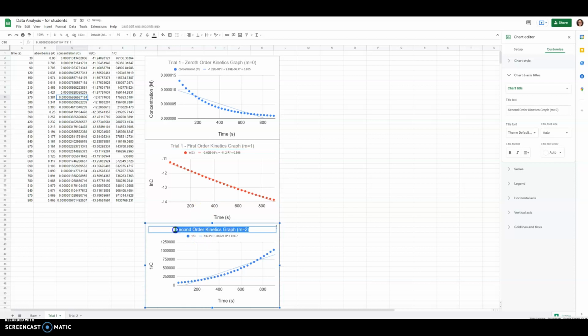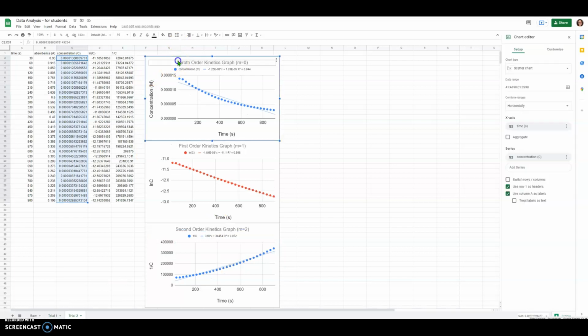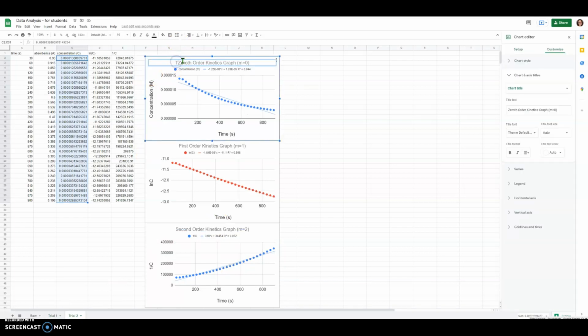So I'm going to go ahead and label these as trial 1. And then I'm going to switch over to my trial 2 and I'm going to label these second set of graphs as trial 2. That's really important because otherwise somebody looking at all of these graphs is not going to understand why you have multiple of the same type of graph, right? So it's a good idea to include trial 2 on here for all of these.